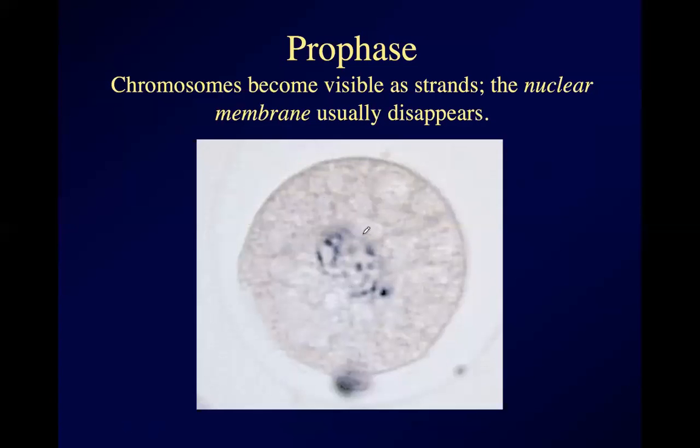So the nuclear membrane was kind of right here where I'm drawing these dashes, but it's gone. And you can see there's little purple staining blobs in the middle of the cell. And this stage is called prophase, pro meaning first. So there's nuclear prophase.